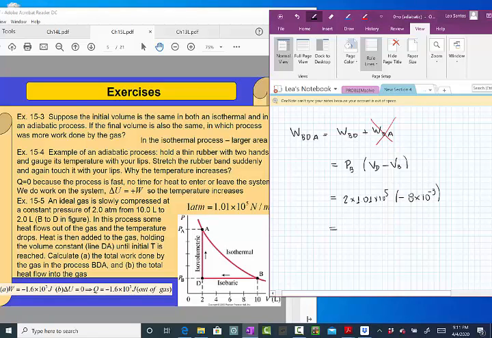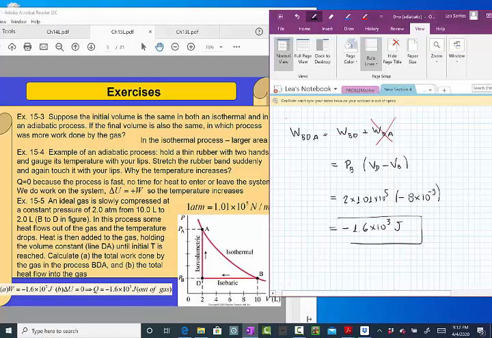Now the answer is going to come out in joules, and it's going to be a negative value because the system itself is compressing. So we get here minus 1.6 times 10 to the 3 joules. All right, very well. So part A is done.